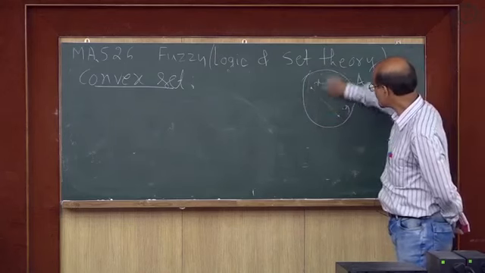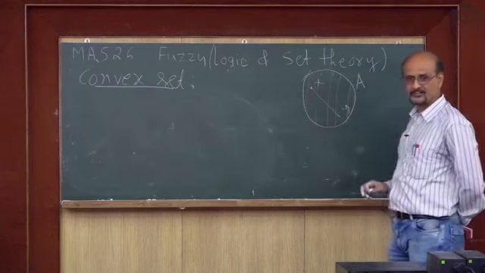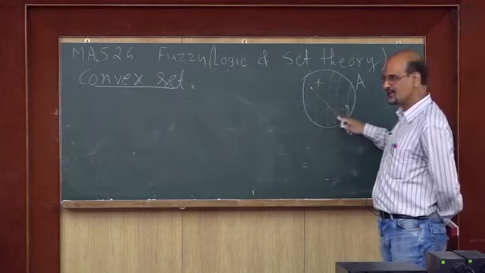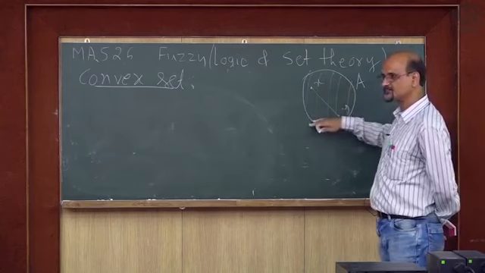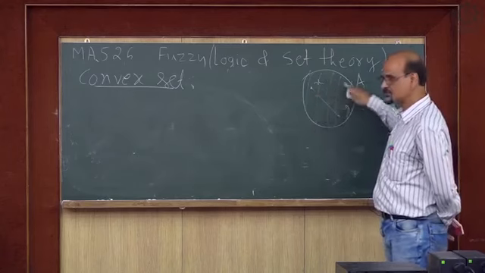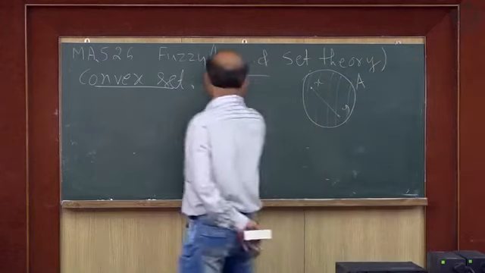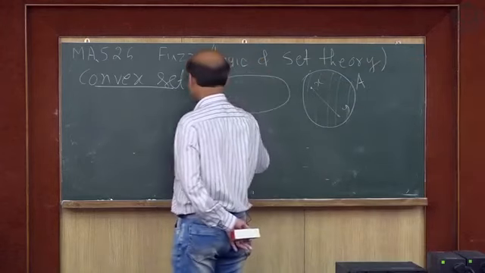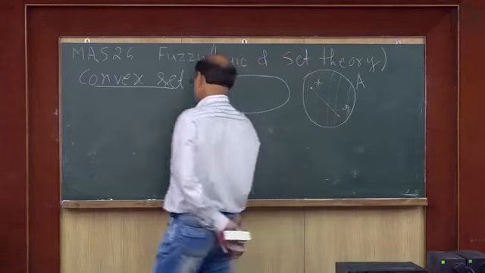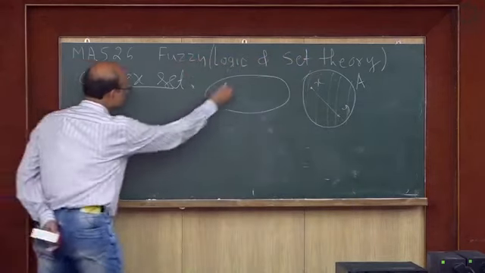If I say this is the disk, then if I join x and y, it is there. Okay. So, this is your convex set. Similarly, I can have a convex set like this. I can have any 2 points, join them, and it will be there.